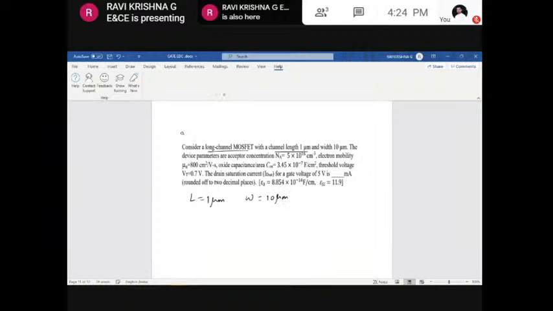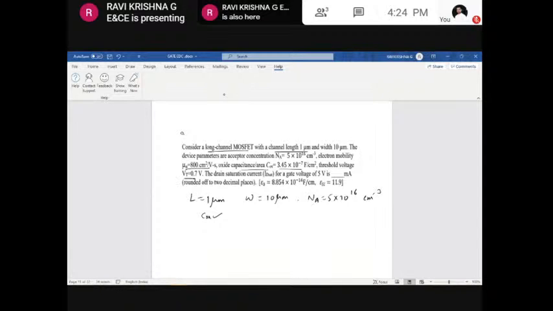The device parameters are: acceptor concentration Na equal to 5 into 10 to the power of 16 atoms per cubic centimeter, the electron mobility μn, and the oxide capacitance per unit area, Cox, which is 3.45 into 10 power minus 7 farad per centimeter square. And the threshold voltage is also given.